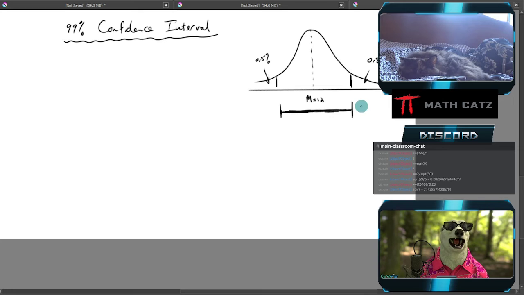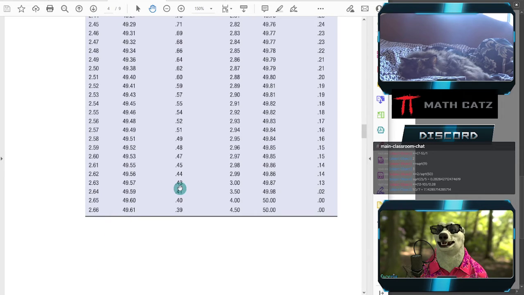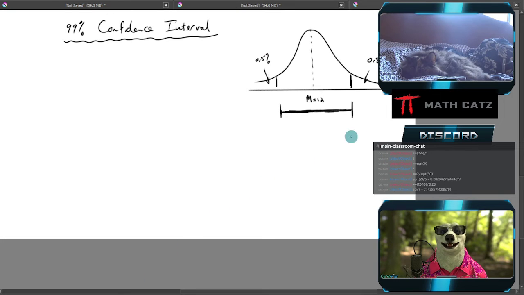And our z-score that gives us 0.5% in the tail is the same as what we did previously: 2.575. So the z-score here is 2.575, and this will be a negative 2.575 z-score, of course.